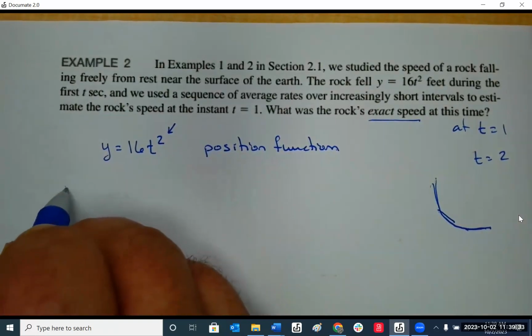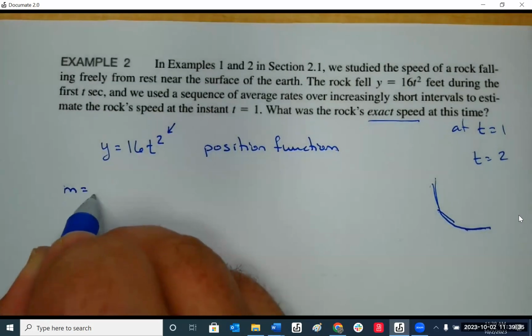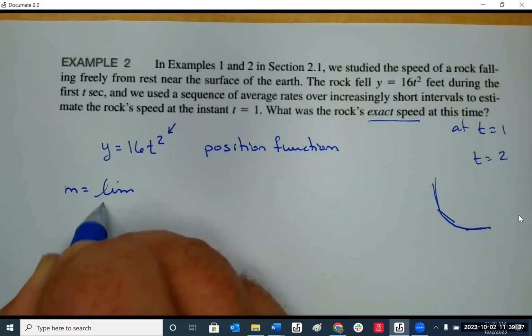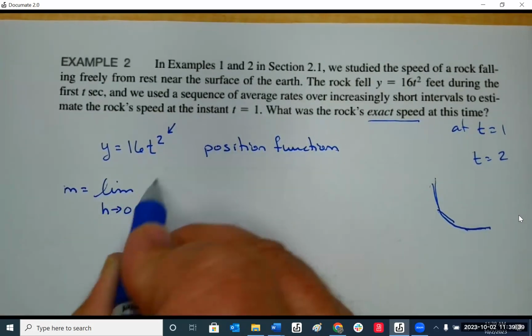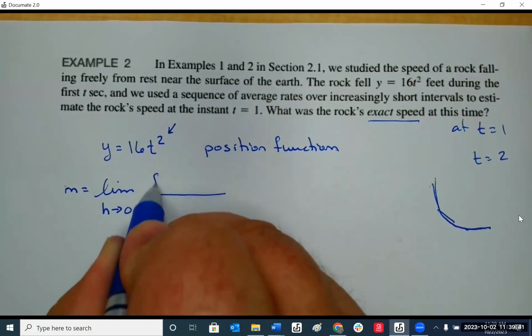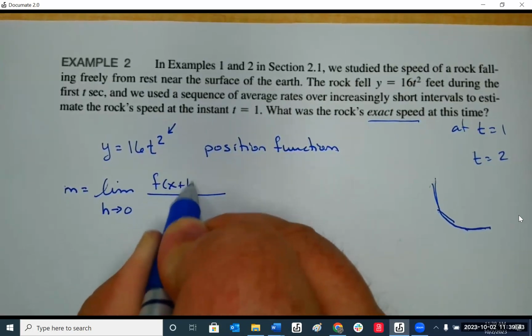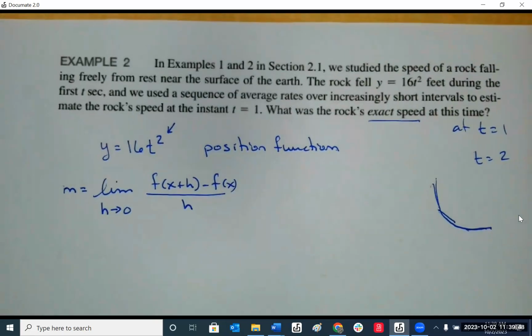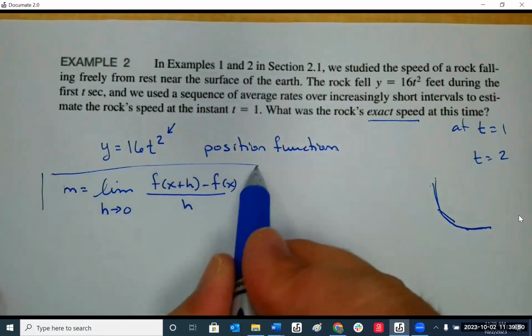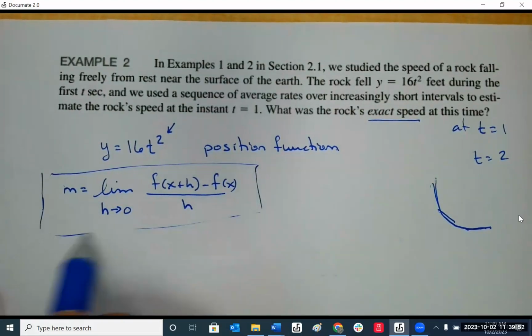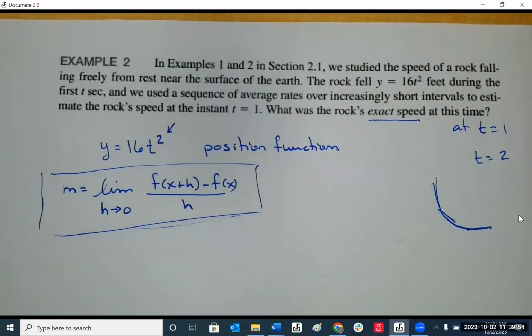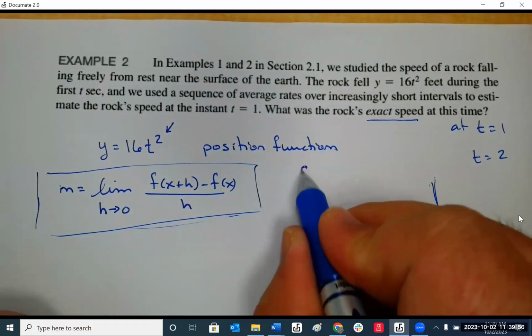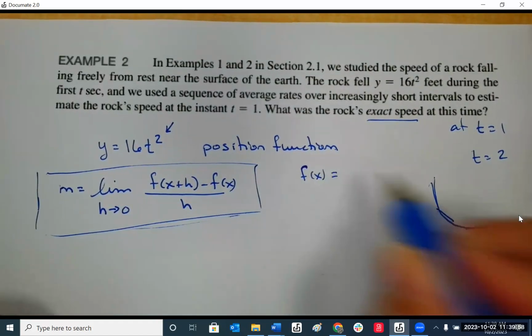We know the slope or the instantaneous rate of change is the limit as h goes to 0, so we have to find the limit of the difference quotient. So f of x is equal to what?